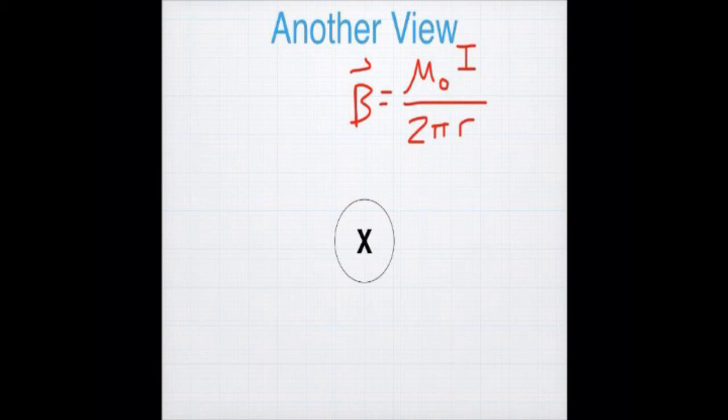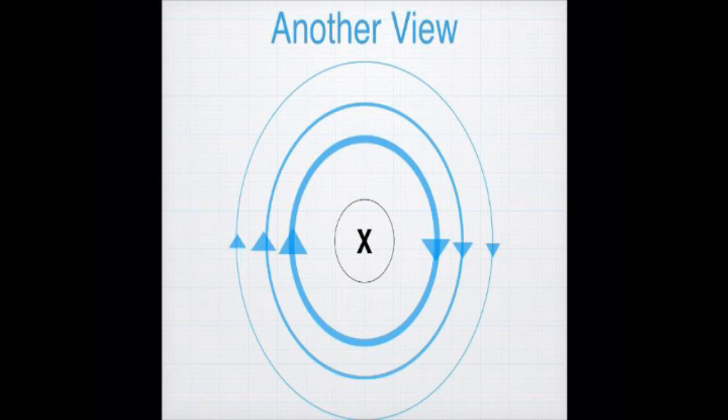Now, as you can see from that, you've got an inverse relationship between distance and field strength. The farther out I go, and that's what we did with this here, the weaker and weaker the magnetic field got.